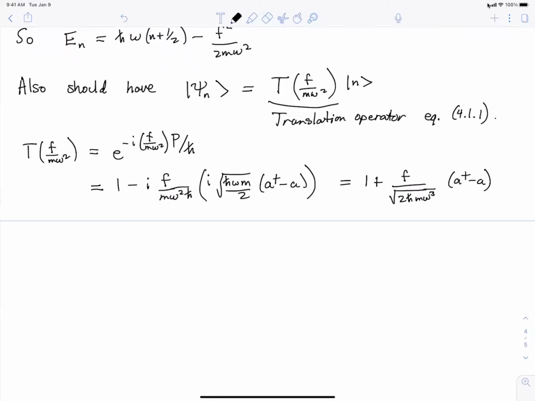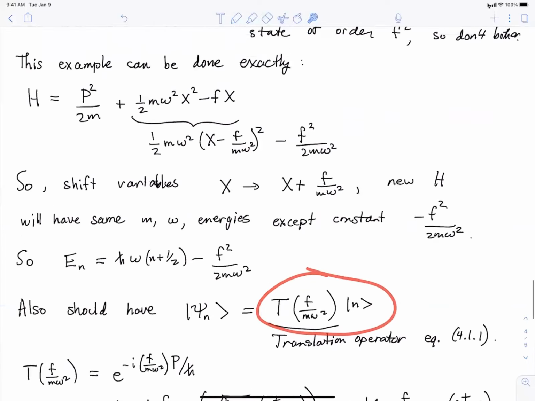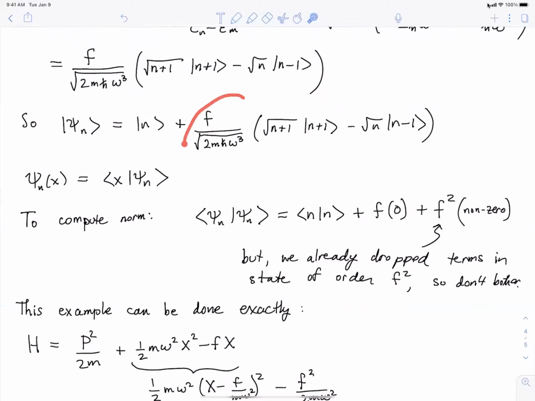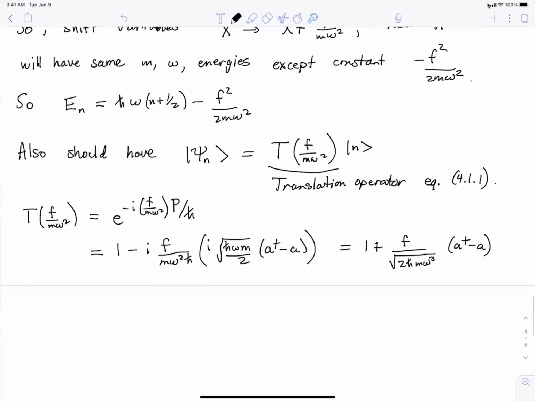That agrees. If you plug that in to here, that agrees with what we found when we did perturbation theory up here. That gives you this extra term, exactly. Okay, so that's just checking that we're not making any mistakes.